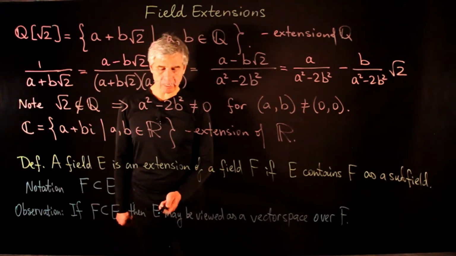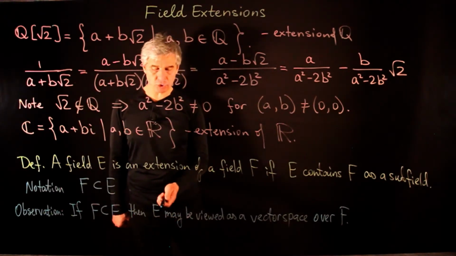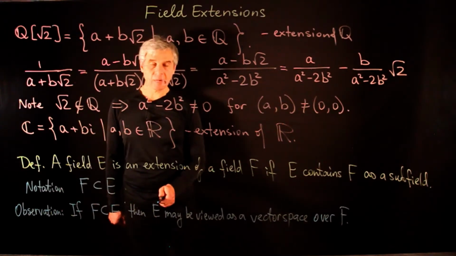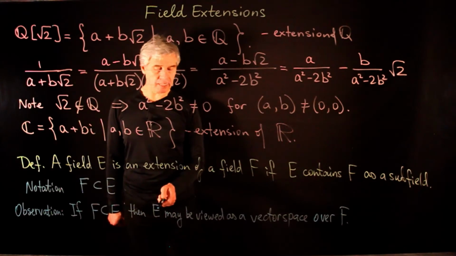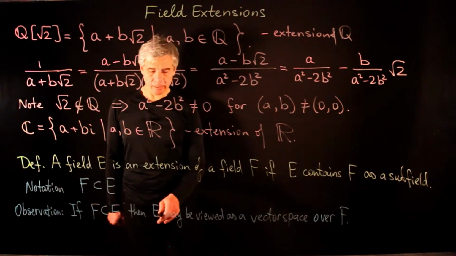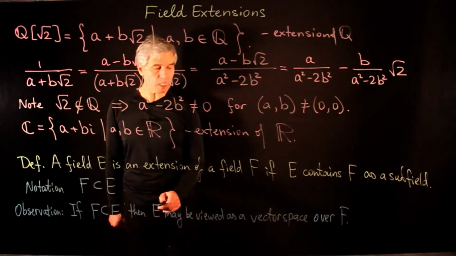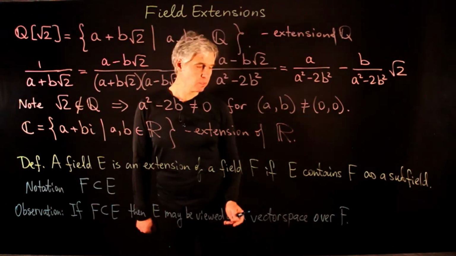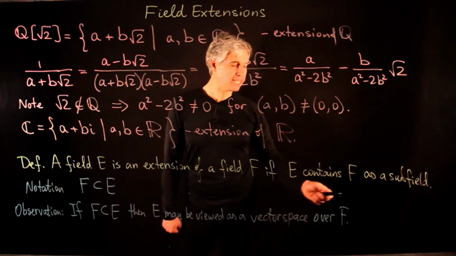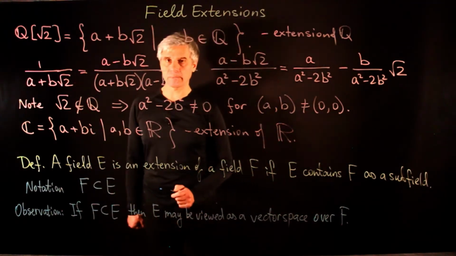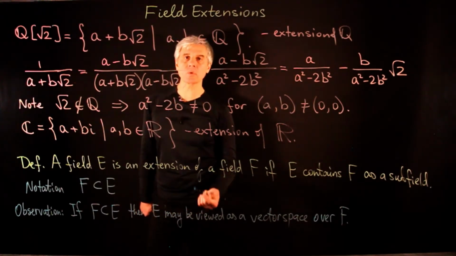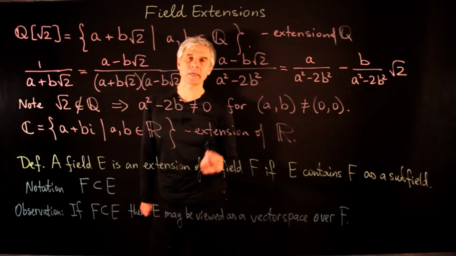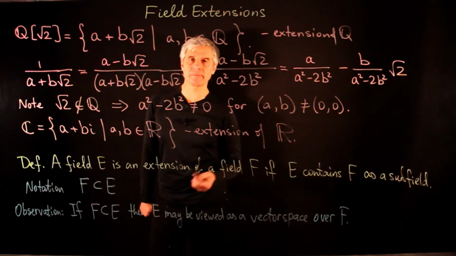And also in E, we have the operation of multiplication of two elements of E. However, here we forget that we can multiply two arbitrary elements of E, and just remember that we can multiply elements of E by elements of F. This will be multiplication by scalars in this vector space. This observation is very important because we can use the tools of linear algebra like dimensions and bases.